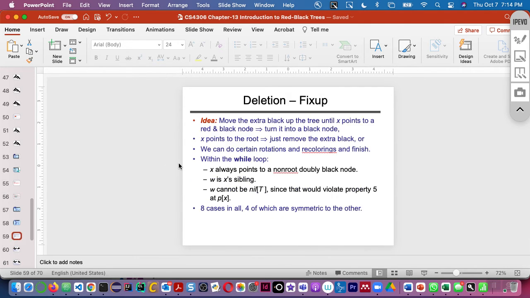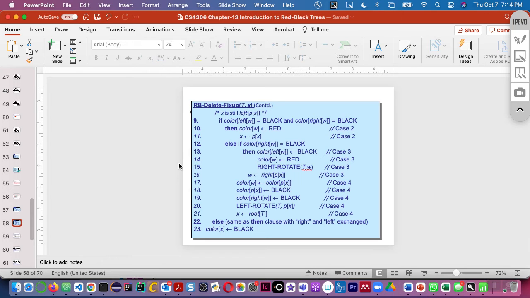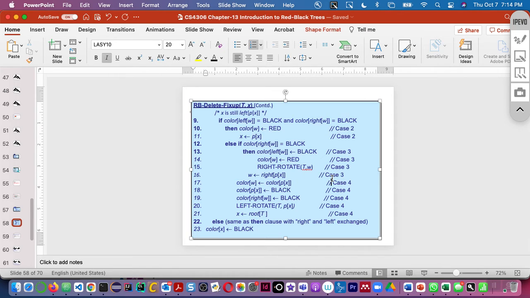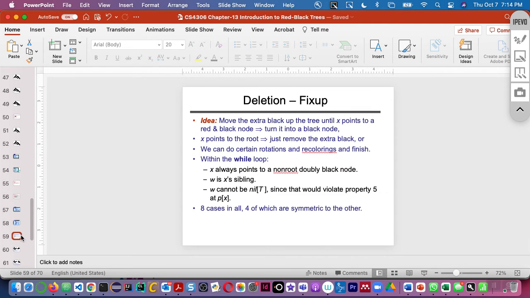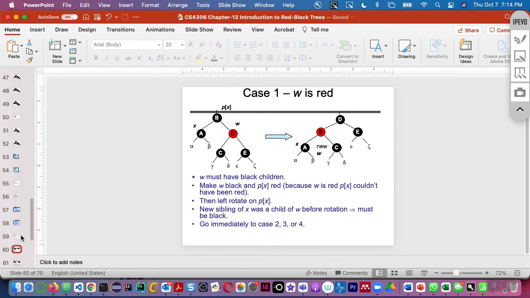If a node is black, then 6 different cases may happen for the fix up. Okay, now let us take a break and then I will go through this.